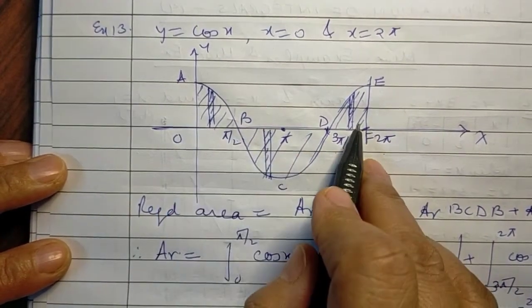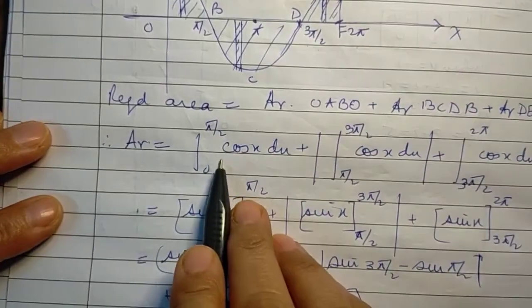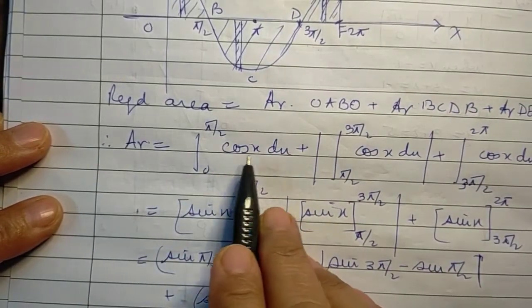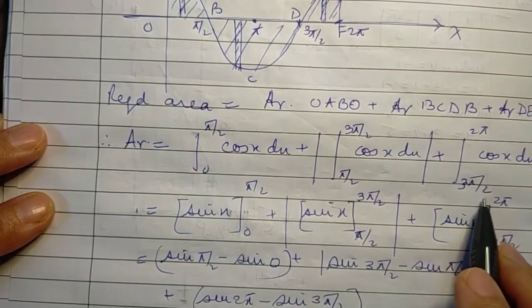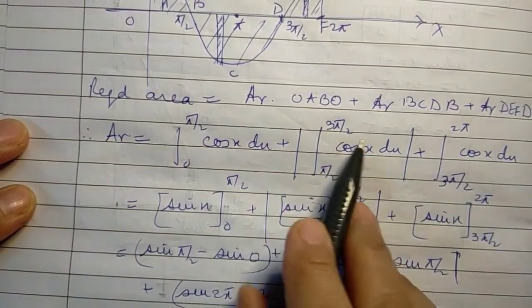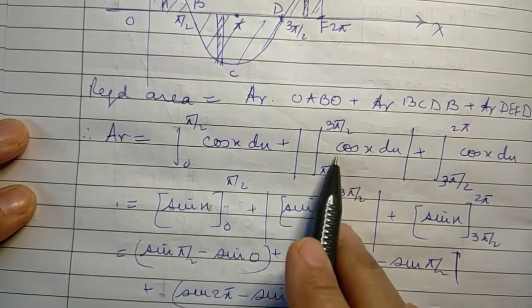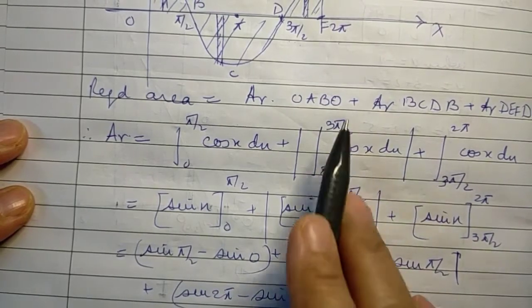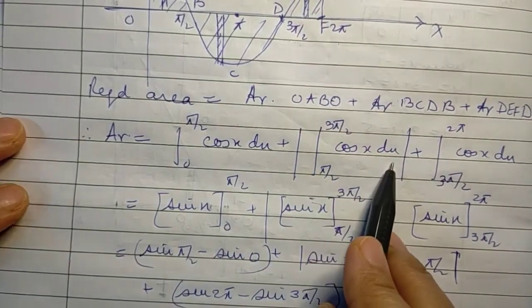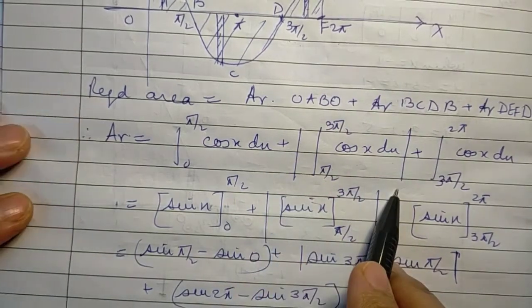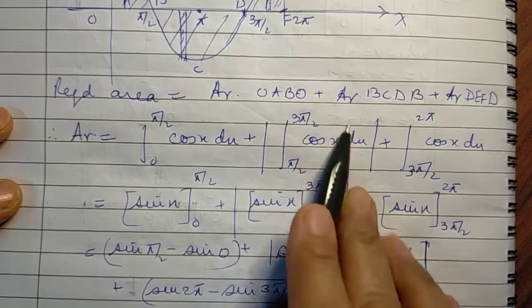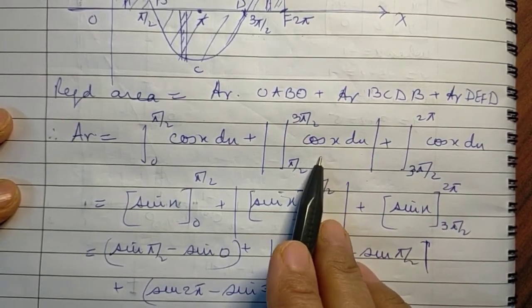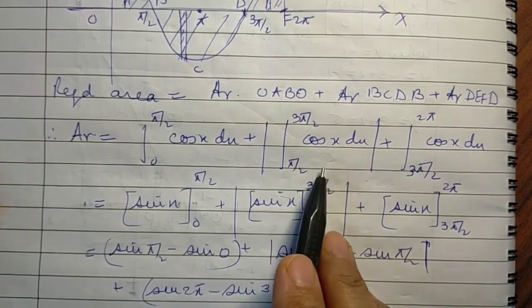In the first and the third areas, we simply write the area enclosed between the curve y equal to cos x dx from 0 to pi/2 and from 3pi/2 to 2 pi. But in the second area, after writing the integral of cos x dx from pi/2 to 3pi/2, we also have to take the modulus, because otherwise the area for this region will come out to be negative, which is not allowed.